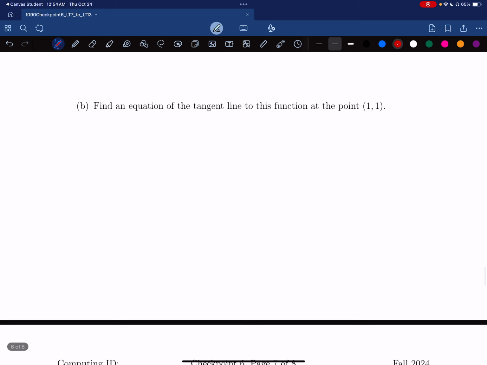For part B, we're asked to find an equation of the tangent line to this function at the point. And when I think tangent line, I think derivative. To have an equation of a tangent line, we're also going to need a point on top of that derivative.